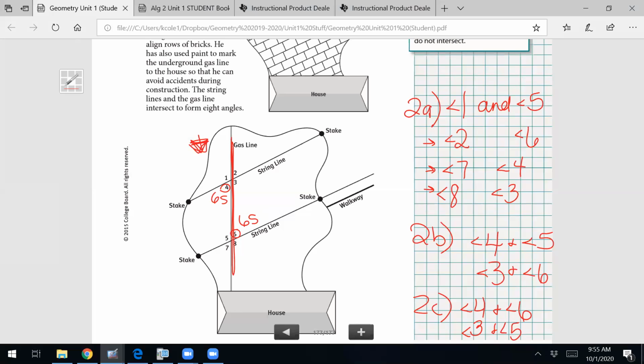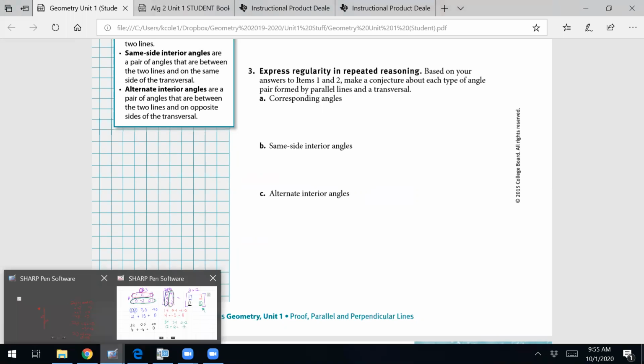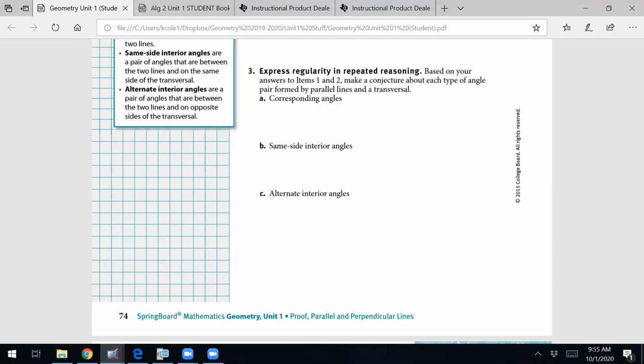Okay, so look with me at number 3. And let me go to that. All right, number 3. Based on your answers in item 1 and 2, make a conjecture about each type of angle pairs formed by parallel lines and a transversal. What do you know about corresponding angles? They're going to have what in common? Okay.